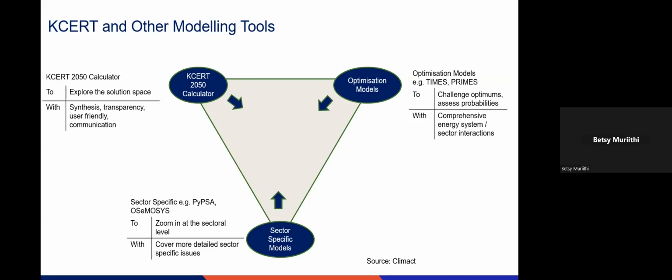And then you can select a scenario and feed it into another optimization model, maybe to look at the cost implications, or you can even feed it into a sector-specific model to zoom into a given sector to cover more detail, such as the PIPCA model or OSeMOSYS.